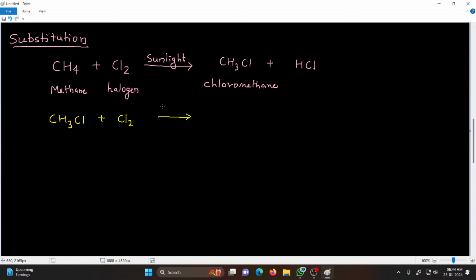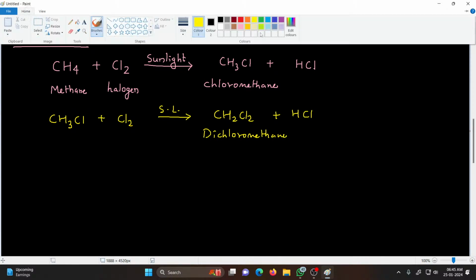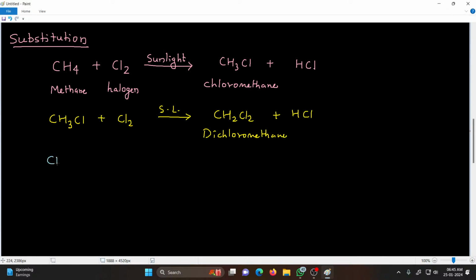So this chloromethane in presence of sunlight combines with chlorine to form CH2Cl2, obviously along with hydrogen chloride gas. So this is dichloromethane, and the reaction continues further, like CH2Cl2 reacts with chlorine in presence of sunlight to give CHCl3 plus HCl.